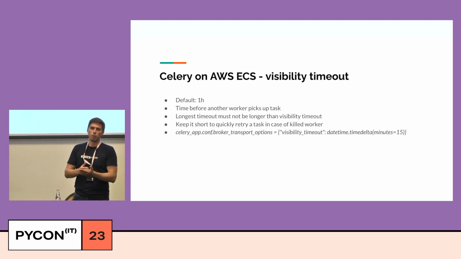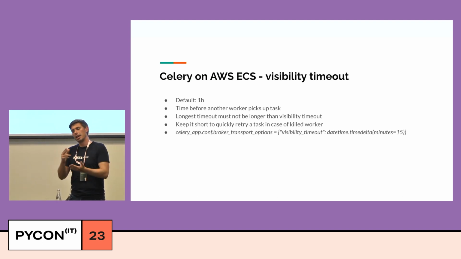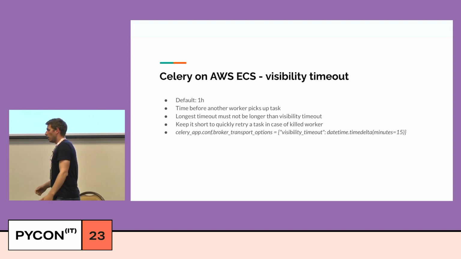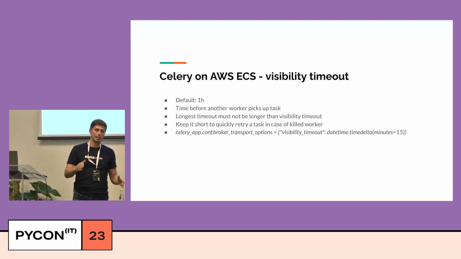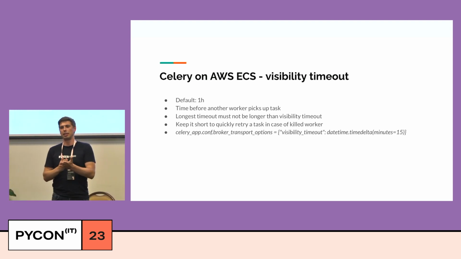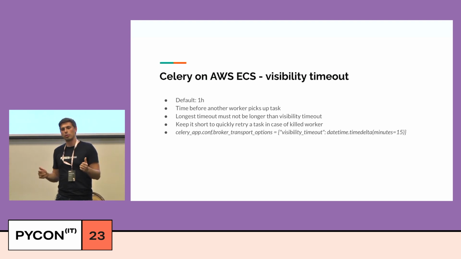So it's set to 1 hour. If the task was interrupted during deployment or something like that, after 1 hour, another worker will pick up this task and try to process it. So what we need to make sure here is that visibility timeout is always longer than the longest timeout for the task that we have.